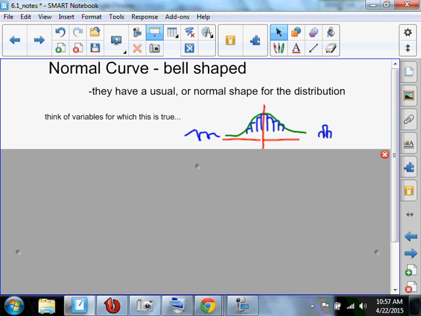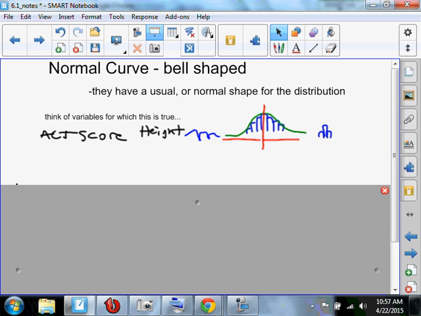The ACT score. Yeah, an ACT score is actually like this. What else is like this? Heights, absolutely. ACT score is one. Height is another one. In general, there are as many people above the average height as there are below the average height. So ACT scores and heights fall into this category.